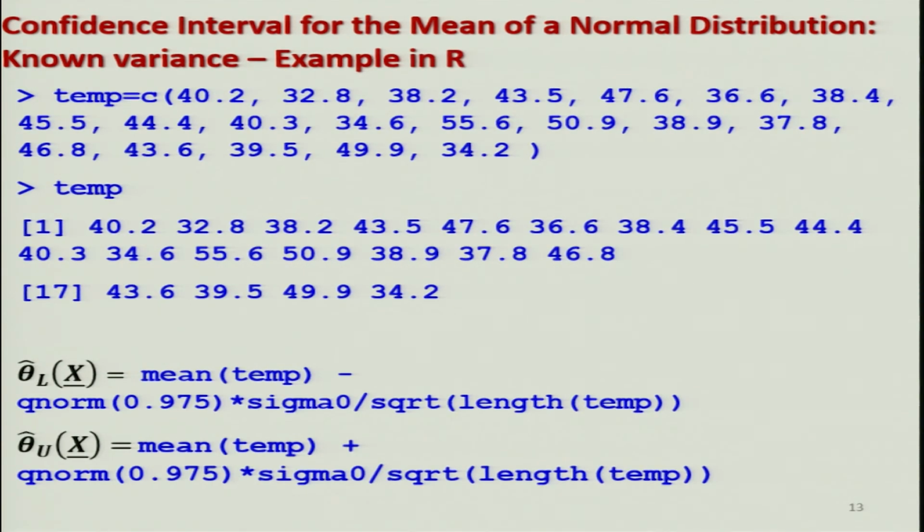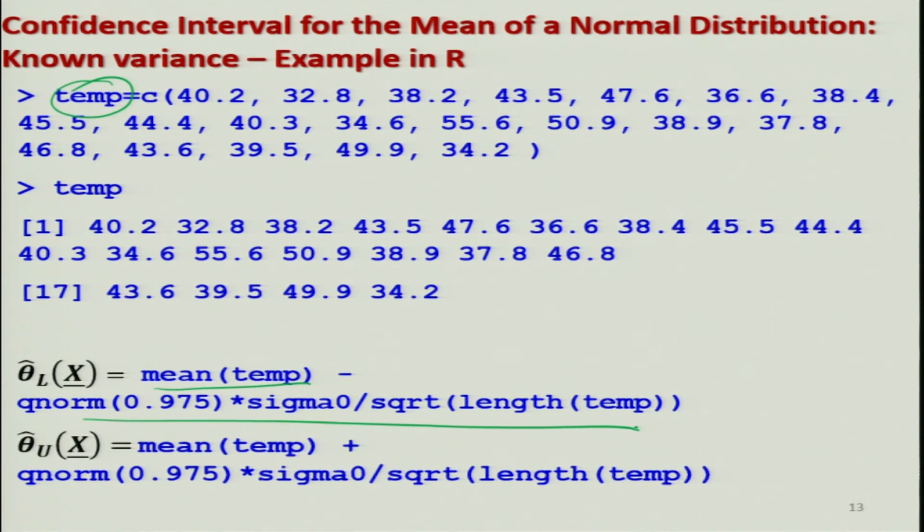Okay. So, now let me try to do the same thing in the R console also. I have just entered this data in the data vector, say temp, and then I am simply trying to compute the theta hat L and theta hat U by these two expressions.